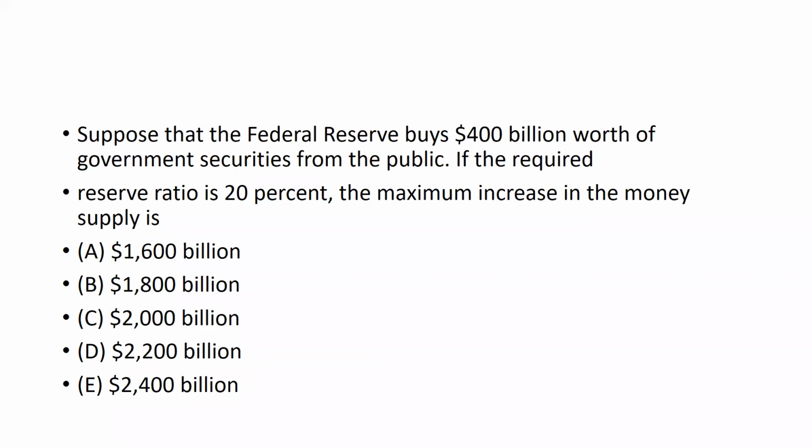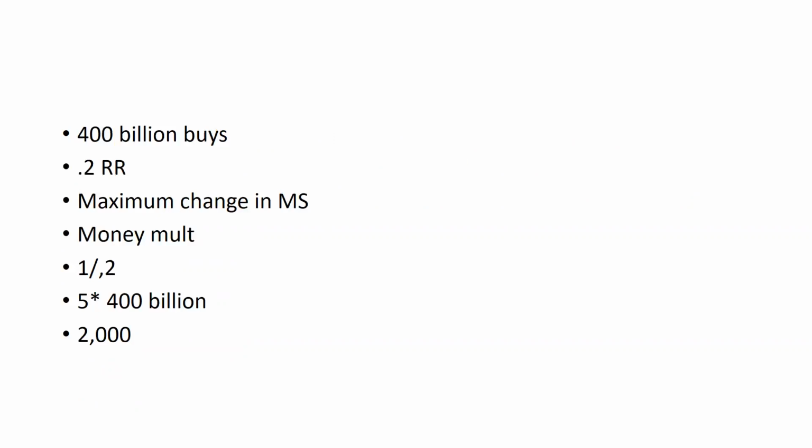Now, the Fed and deposits, you have to get them right. There are some really hard problems. These ones, if you could just really focus on and make sure, they're give-me's. All right. So it's 400 billion, 0.2 is the reserve required, and the maximum change. So the money multiplier is 1 over 0.2, which is 5, and it's 5 times 400, 2,000.